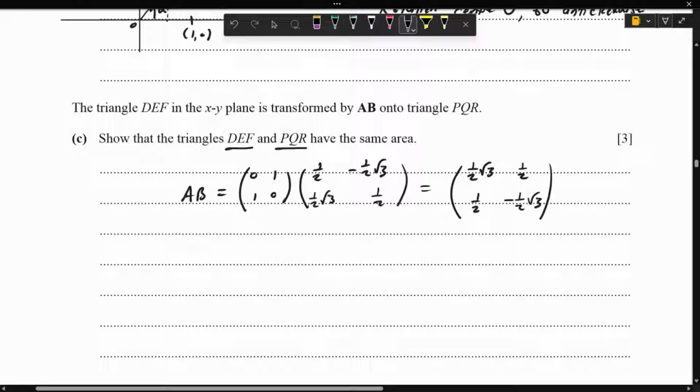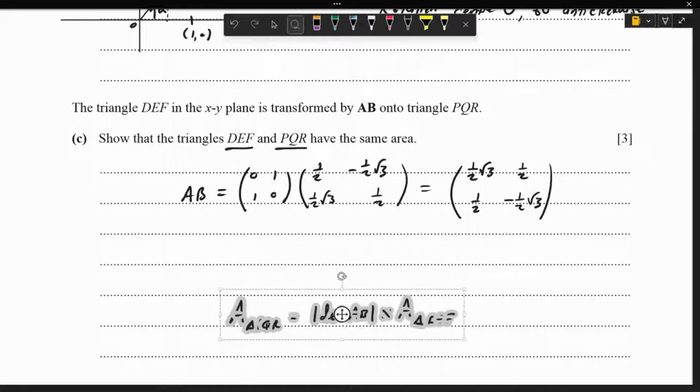So we know that the area of the image, triangle PQR, should be equal to the determinant of the transforming matrix AB under modulus times the area of the original triangle, triangle DEF. Now let's find the determinant of AB.